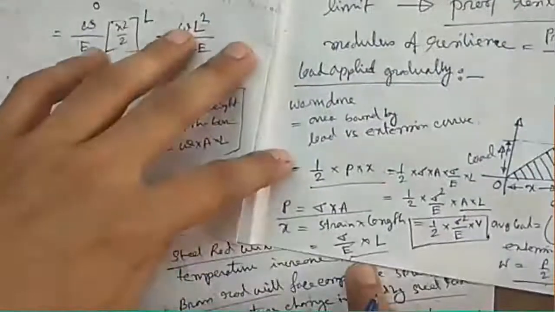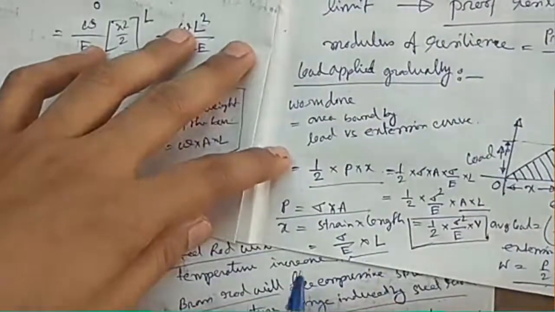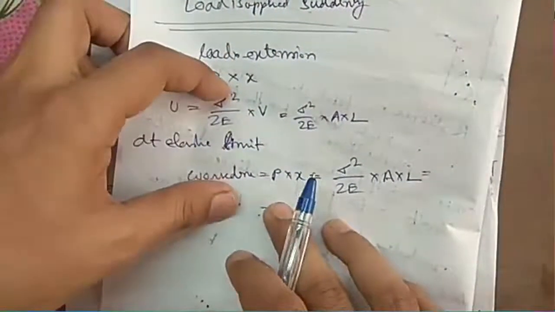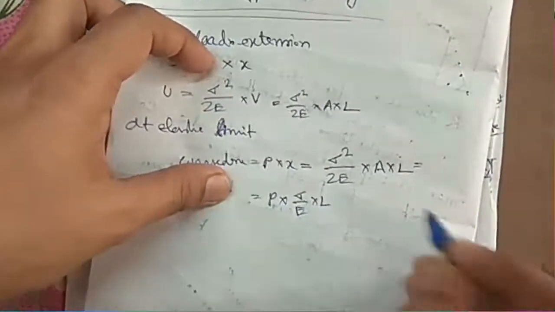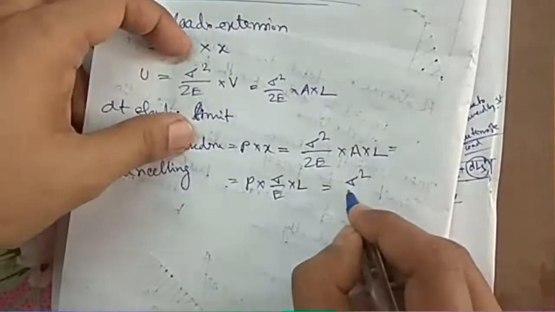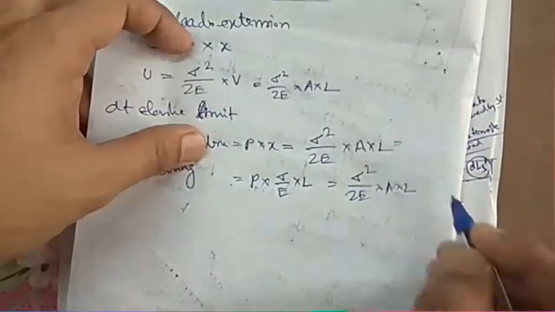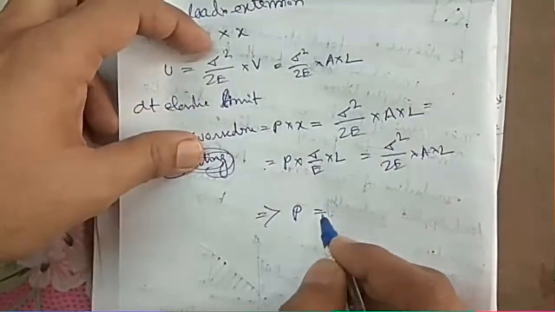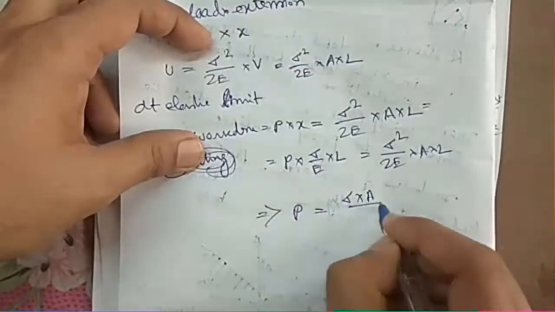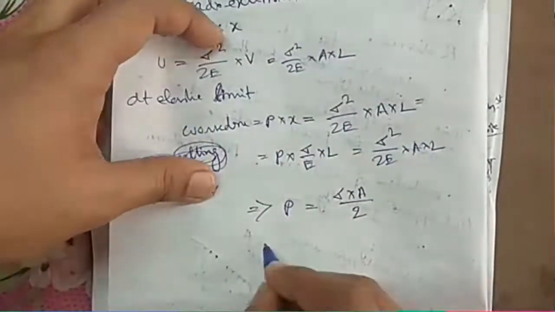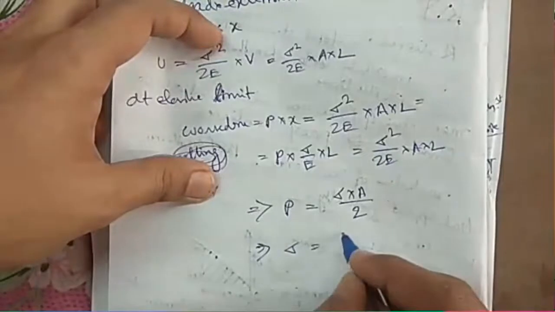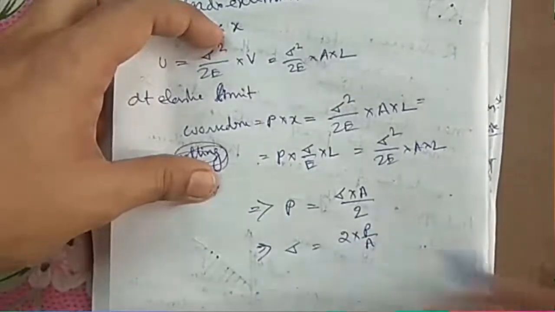So here we have found out the value of x is sigma by E into L. We will put this value here: P into sigma by E into L is equal to sigma square by 2E into A into L. Now from here we can write that P is equal to sigma into A by 2, or from here also we can write that sigma is equal to 2 into P by A. Now look at the value.